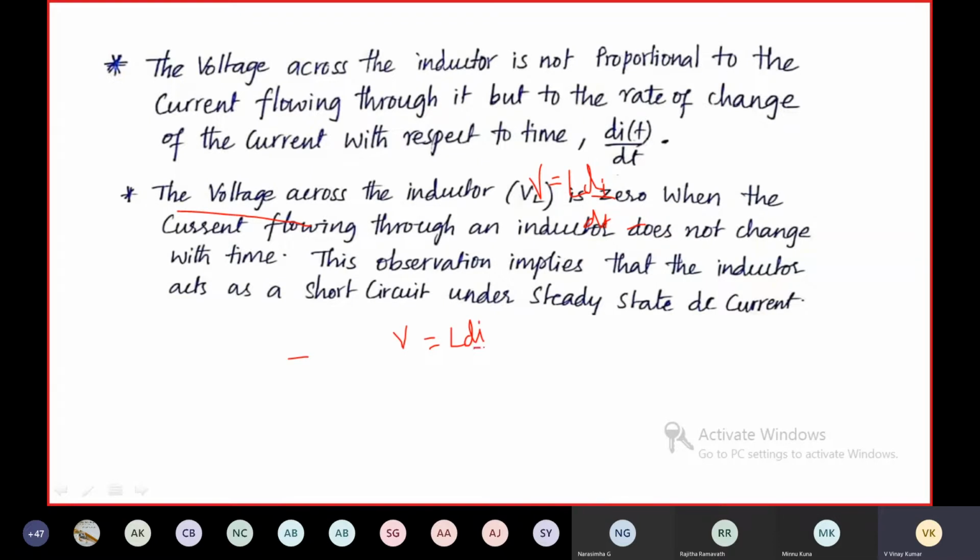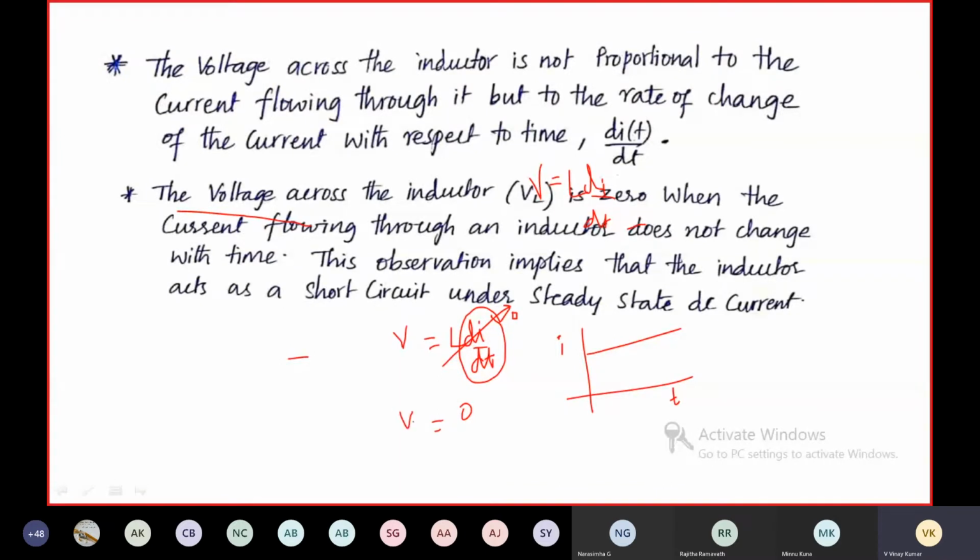What is the discussion about this? If the current is constant with respect to time, then dI by dt will become zero, which means the voltage becomes zero.